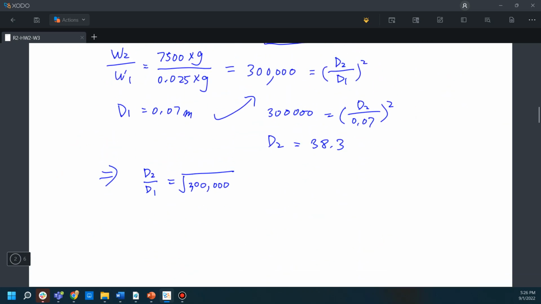Okay, so here we gave the example that if D1 equals 0.07 meter, then we will need D2 to be 38.3 meter in this case.